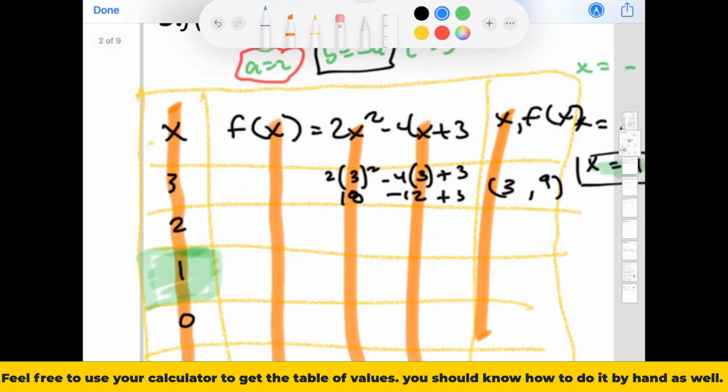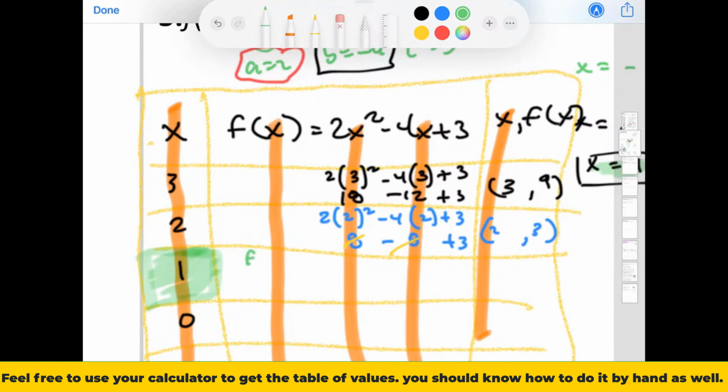Alright, let's go ahead and try 2 now. Remember, every time put in parentheses, order of operations, parentheses exponent, so 2 squared is 4, 4 times 2 is 8. And 8 minus 8 is 0, so I'm just left with 3. 2 is my orange color, and then 3 is my answer, f of x. Okay, let's do this middle one here.